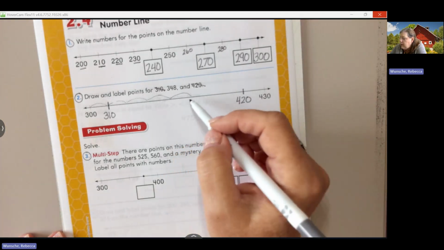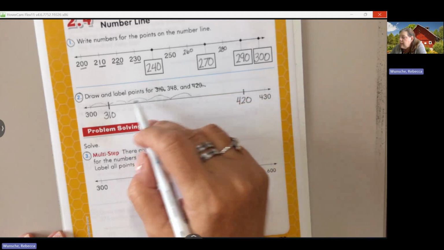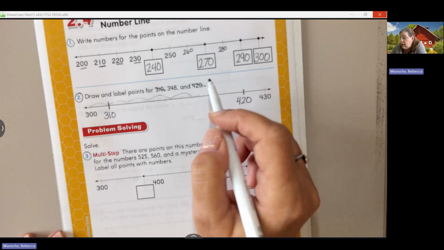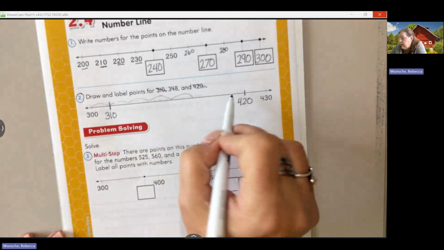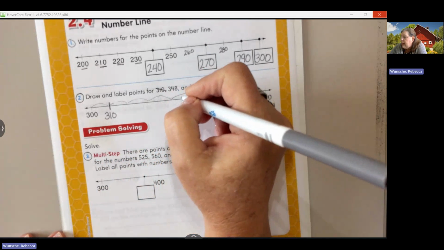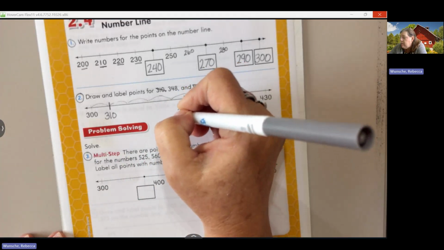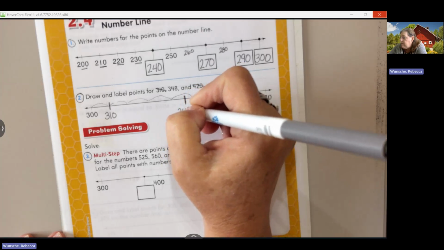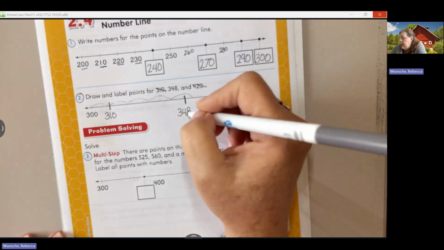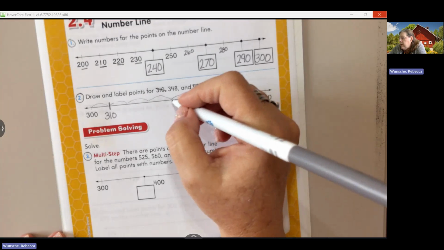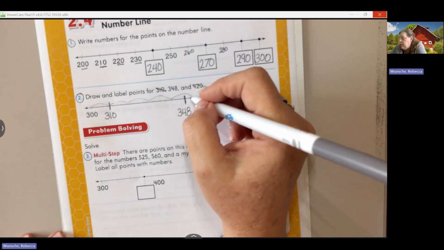So I'm going to land somewhere kind of in the middle of my number line. Because this doesn't ask me for an exact location, there's no tick marks here, I'm going to think about making my point land somewhere about the middle of my number line and see if 348 would be okay right there. 348 would be between 340 and 350.